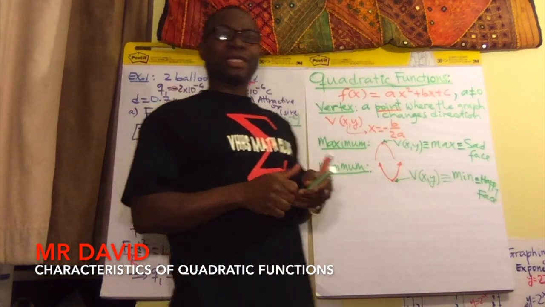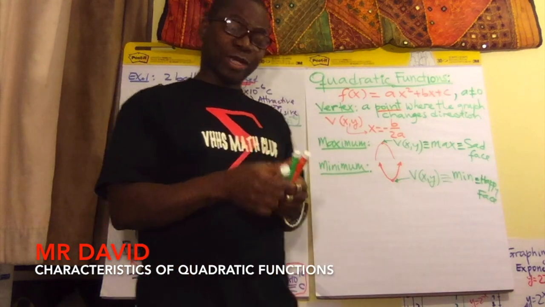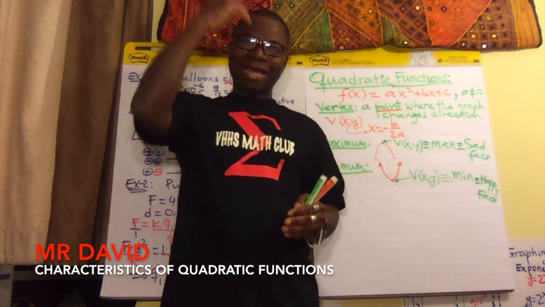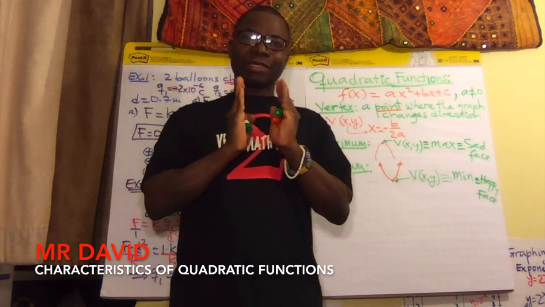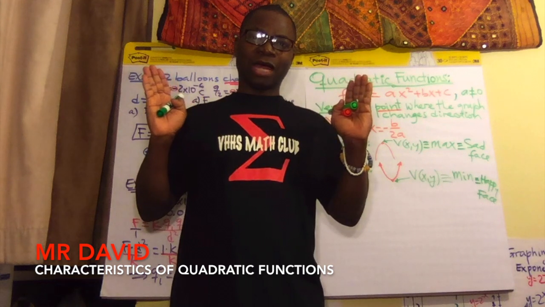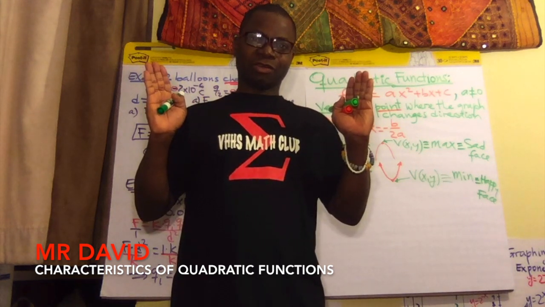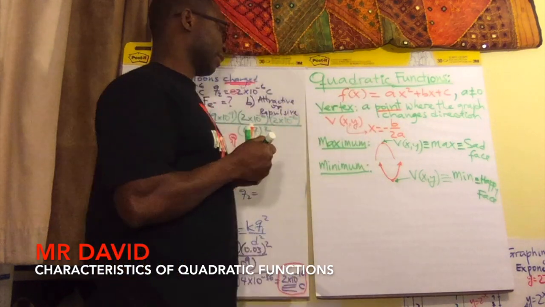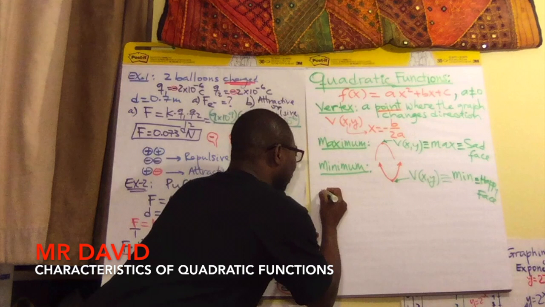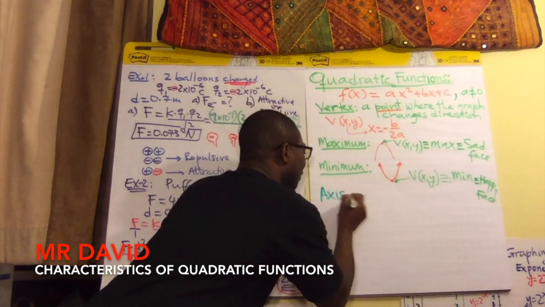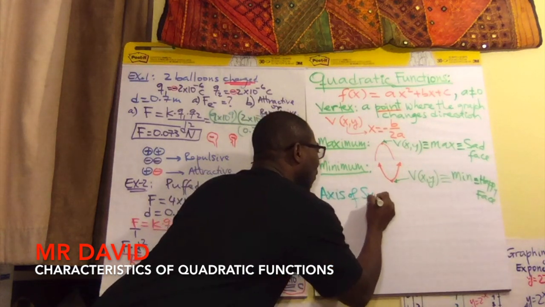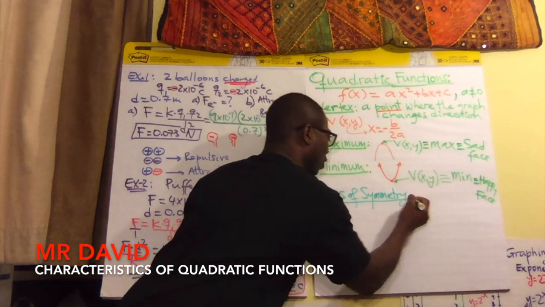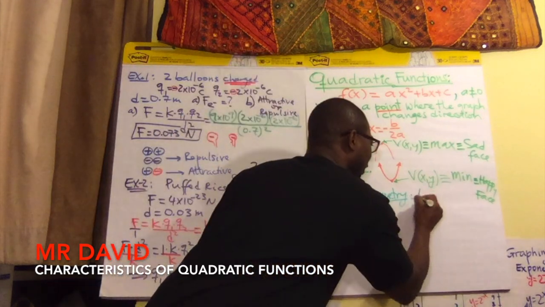Then the next characteristic is the axis of symmetry. The axis of symmetry, guys, is the line that equally divides the graph, your parabola, your quadratic function, into two parts. We can abbreviate this AOS, axis of symmetry.